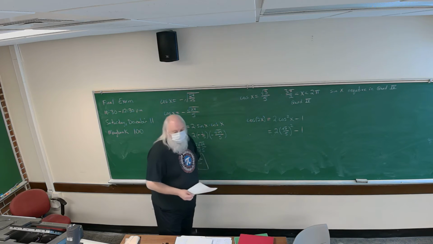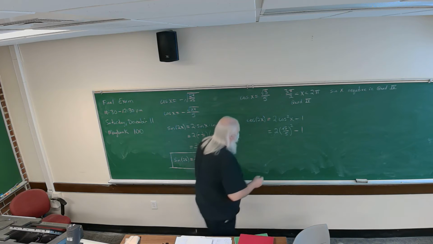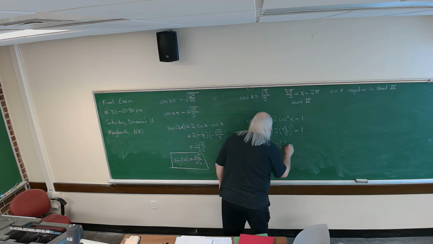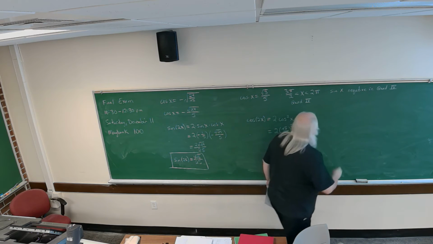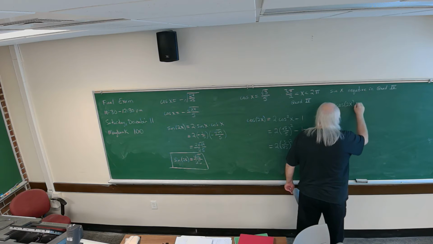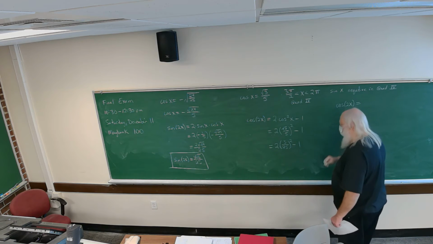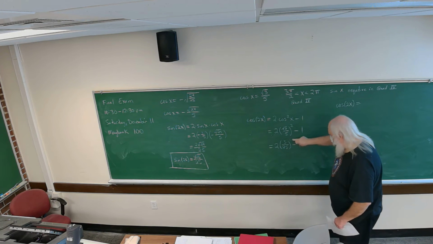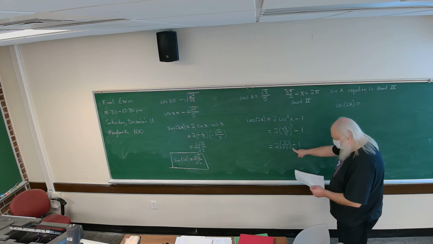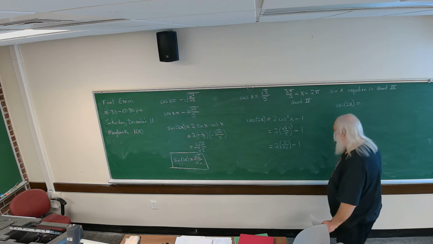And now you gotta do arithmetic. That's all it is, arithmetic at this stage. Square root of 3 over 5 squared is the same as 3/25. Okay. So 2 times 3/25 minus 1.